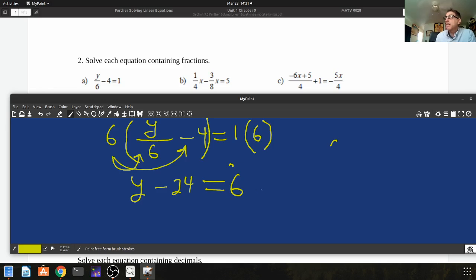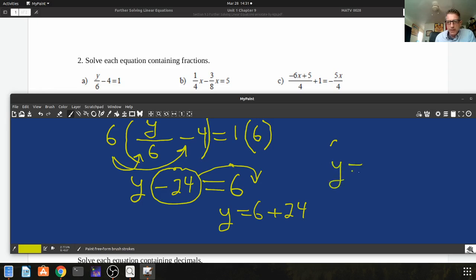Wow, that made it a lot easier, because now to solve it, all I have to do is move my minus 24 to the other side, because then I'll have y by itself. That gives me y is equal to 6 plus 24, or y is equal to 30.